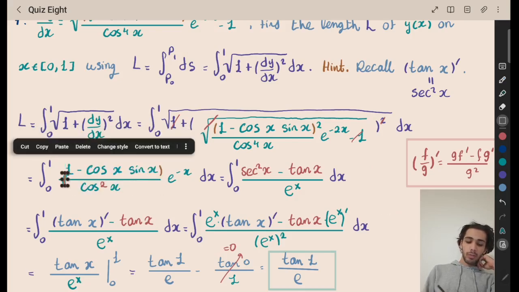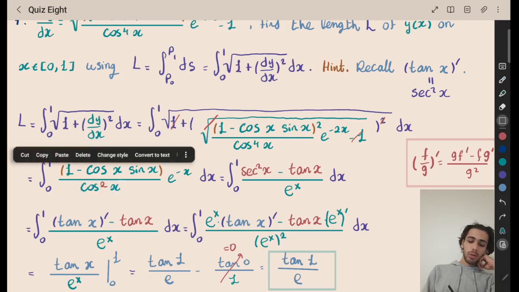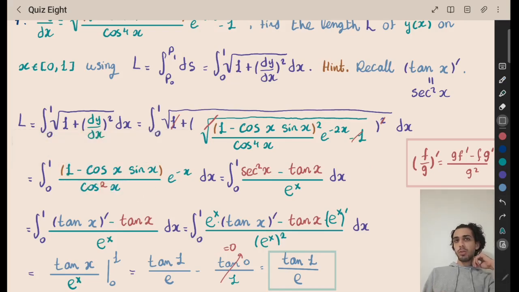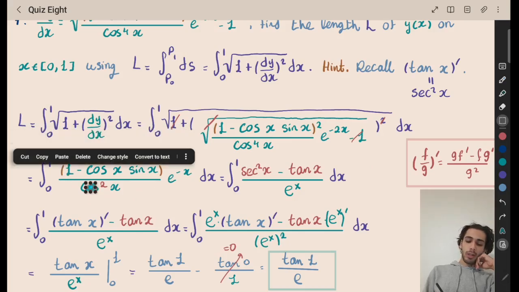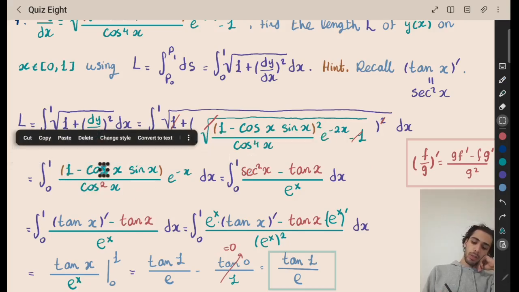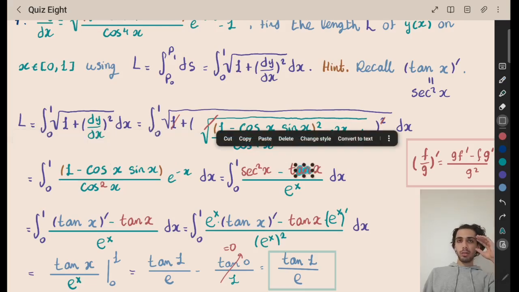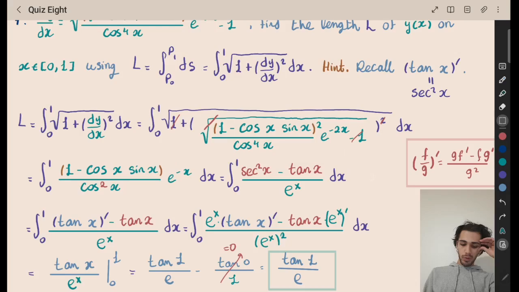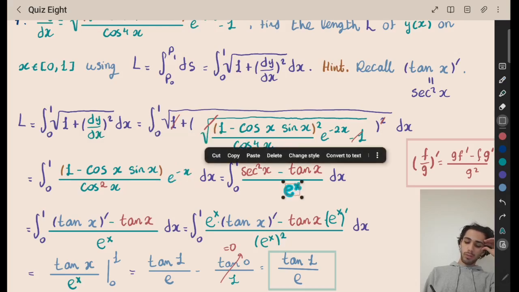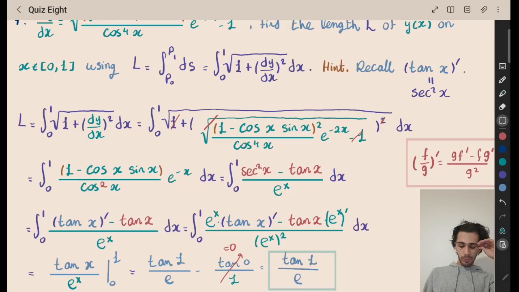You can simplify this part because there's a cosine squared and there's a cosine. Divide this by that, you get x squared. Divide this by that, you get the tangent of x. E to the minus x is just dividing by e to the x.